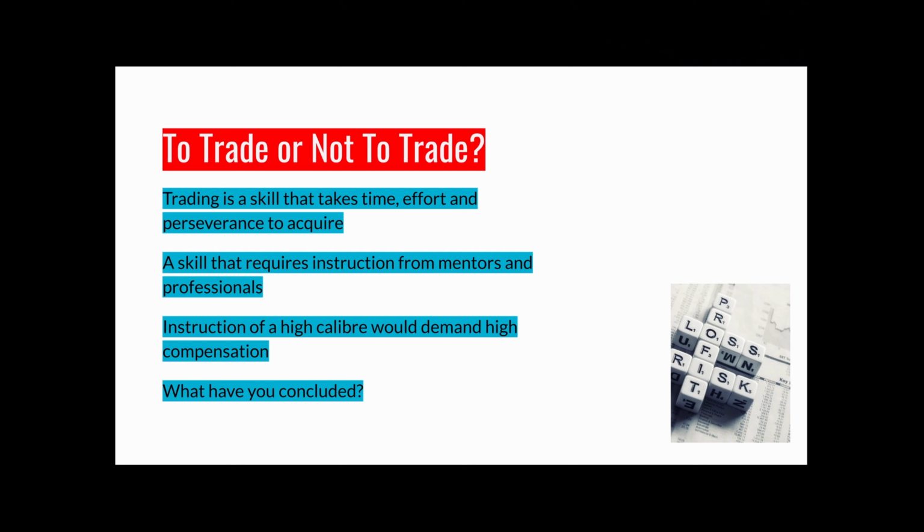Now, you would have to make a conclusion for yourself. What do you think? What have you concluded from going through this crash course and getting introduced to the basics of trading?